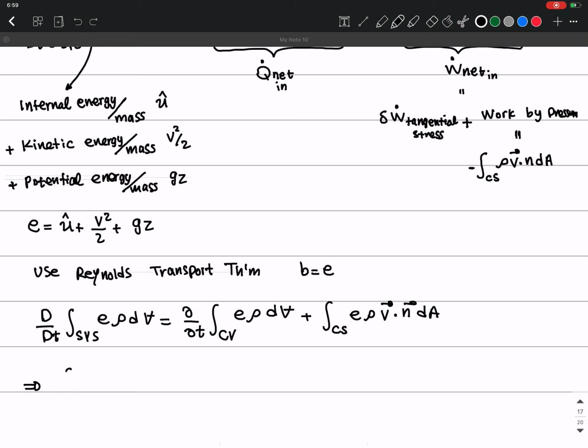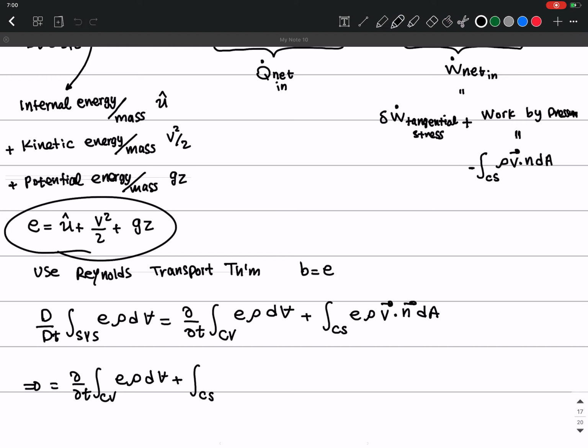So I have the integral over the control surface of E rho over the control volume. Let me write it down. So it equals to partial over partial t of integral over control volume of E rho dV plus the integral over the control surface of, instead of now E, what I want to write is this definition, the expression here.